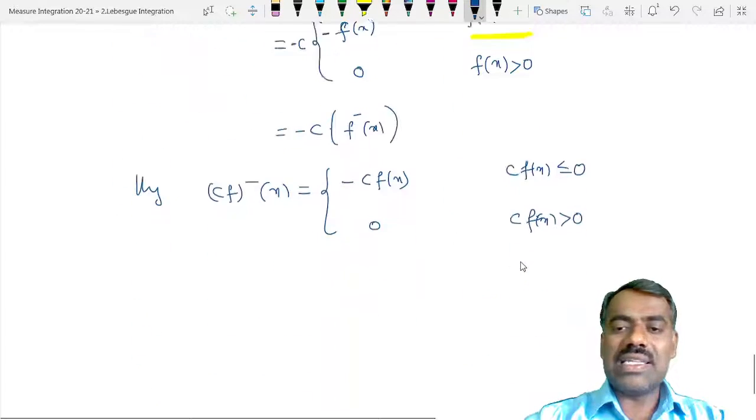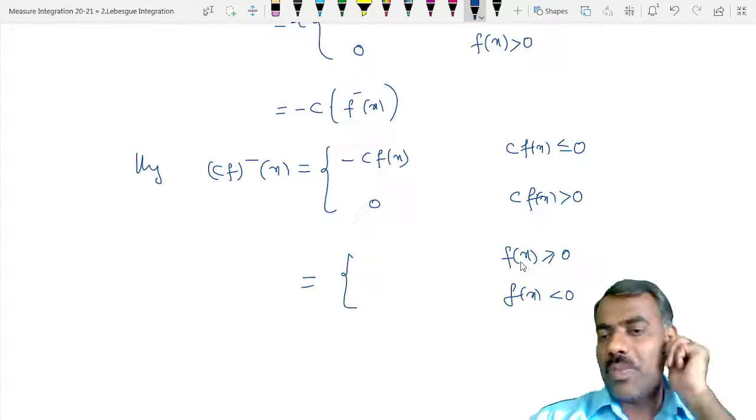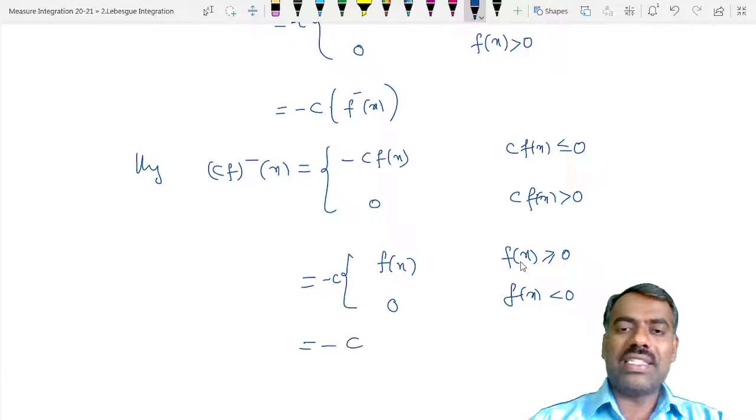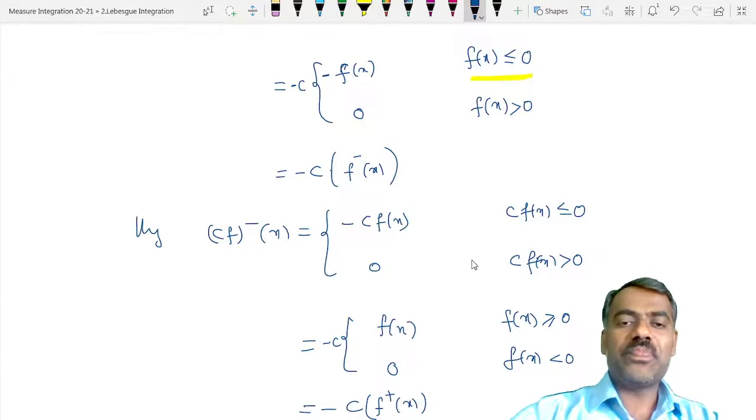But again c is less than 0. So if you take this c this side, f of x is greater than or equal to 0 and f of x is less than 0, right? Now because it is f of x greater than or equal to 0, we want only f of x here, right? So I can take out minus c outside. This is same as minus c times f plus of x. Is that clear? Any problem?